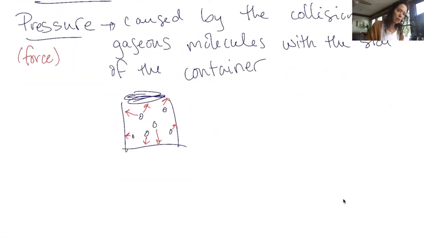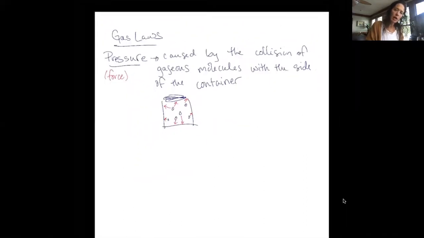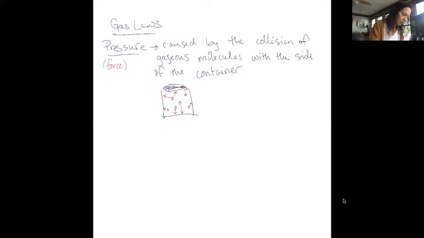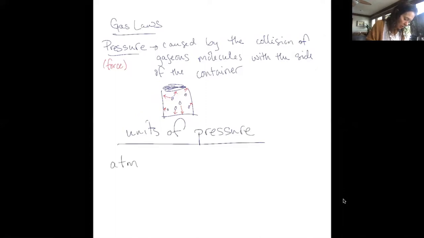Now, we will measure pressure in one of several different units. So units of pressure. Well, let's see. We've got atmospheres. We've got millimeters mercury. ATM is for atmospheres.